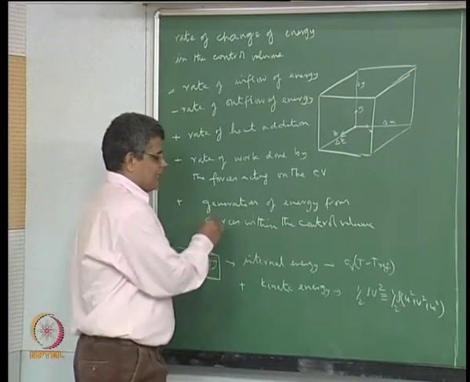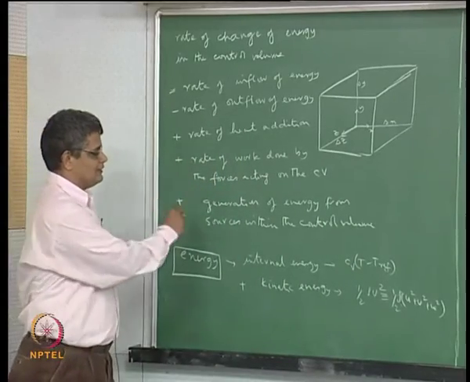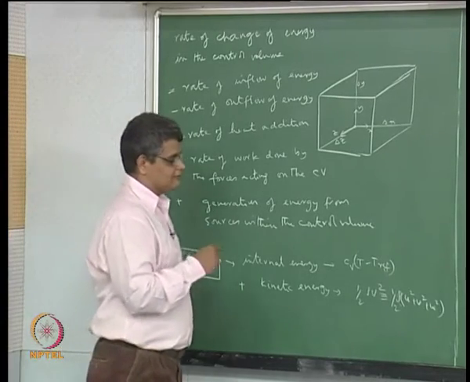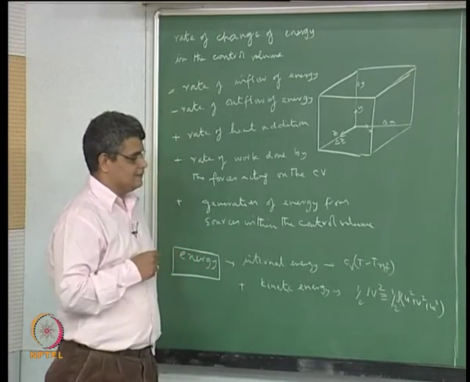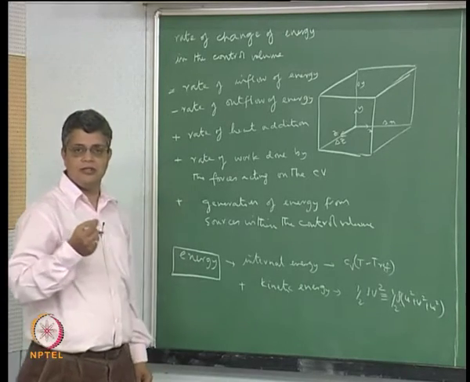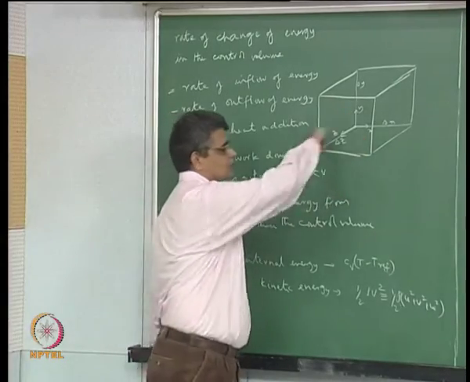So, we will not expand on how the generation of energy is taking place, but what we have in mind here is generation from factors which are distributed entirely within the control volume.